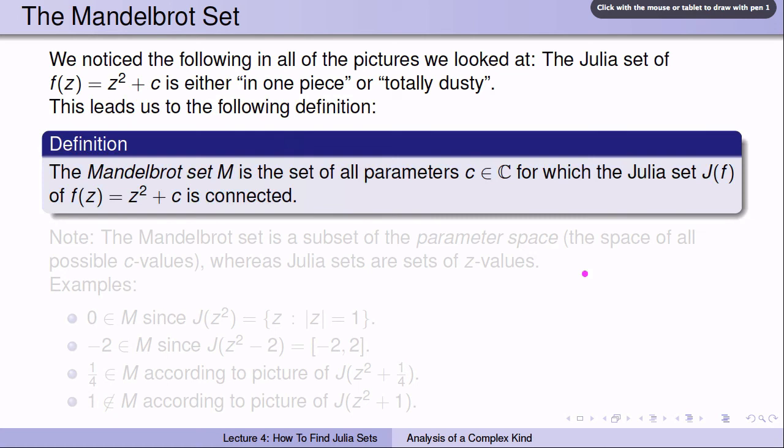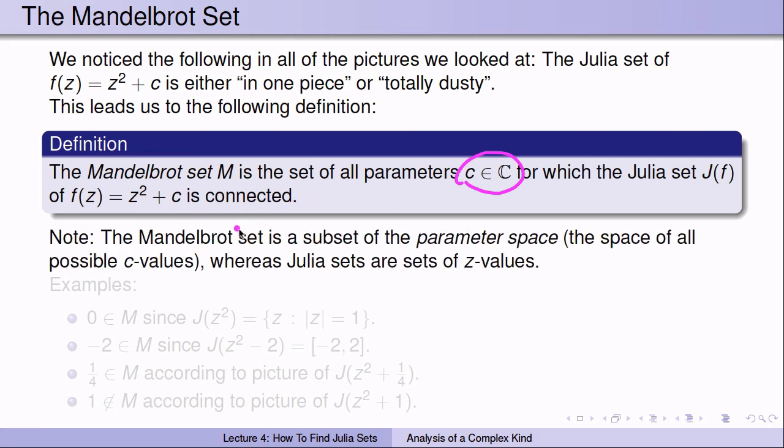That leads us to the following definition. We say the Mandelbrot set is the set of all those parameters c for which the corresponding Julia set is connected, so in one piece. That is, a parameter c belongs to the Mandelbrot set if the Julia set of f(z) = z squared plus c is connected.